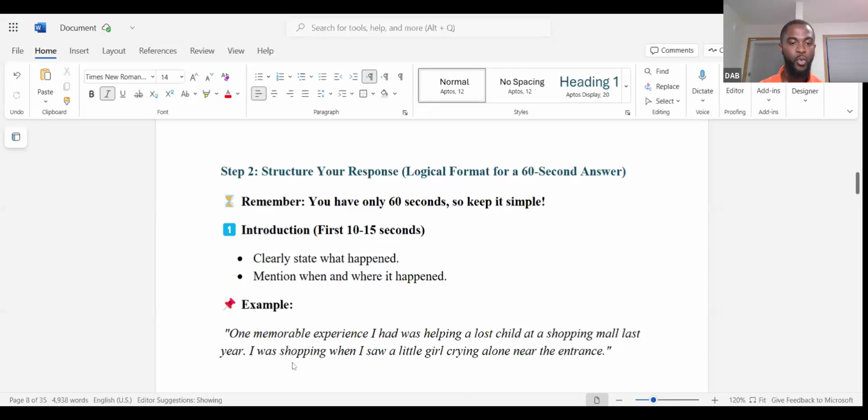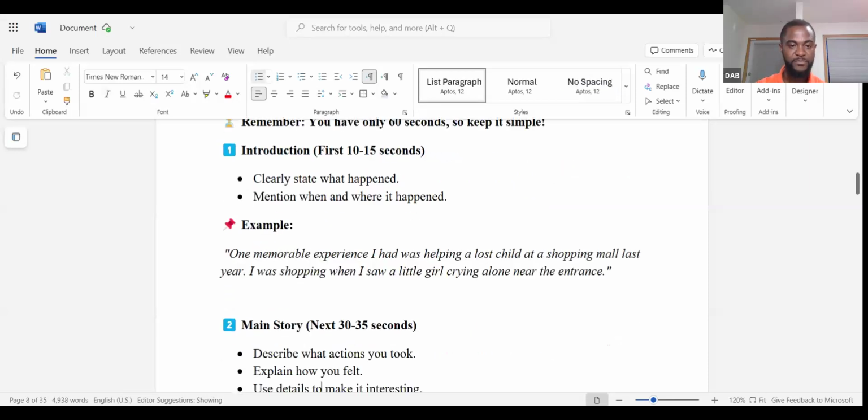For example, one memorable experience I had was helping a lost child at a shopping mall last year. I was shopping when I saw a little girl crying alone near the entrance. This is a very nice introduction.